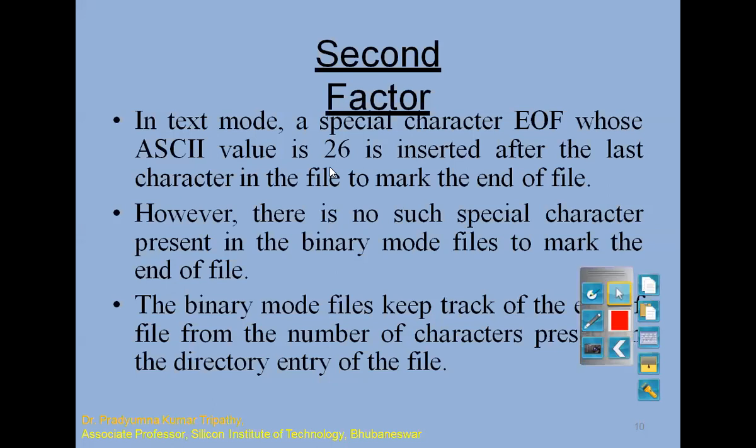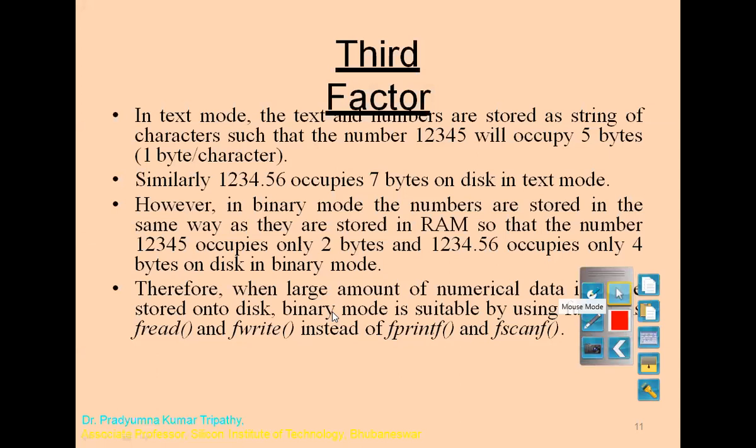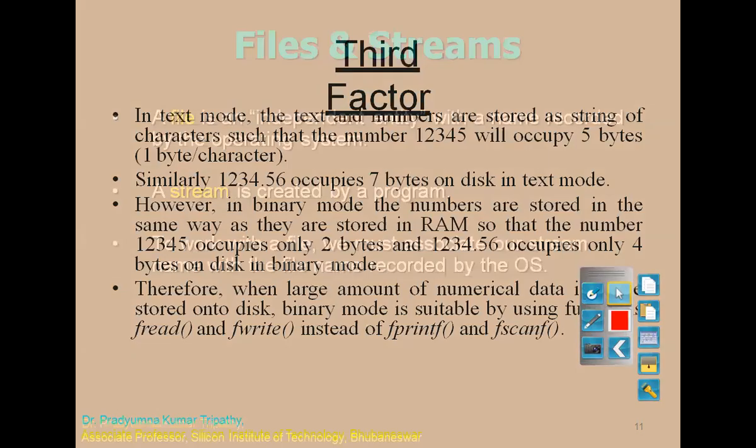The third one is the conversion of integers and all to be in the form of text. Even if you write a number, see over here, I have given one example.